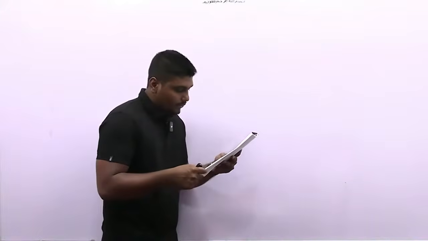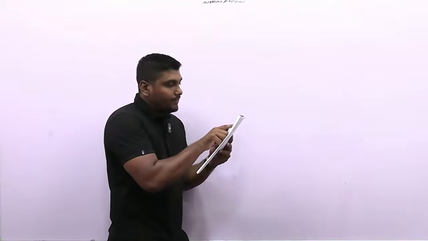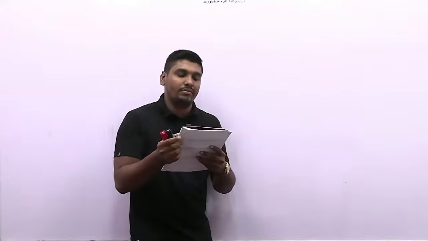Right, now we'll start. Wave properties, question number 1. A composite string which consists of two parts AB and BC with different mass per unit length is stretched to a given tension.